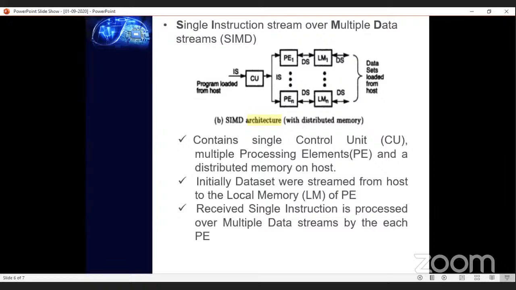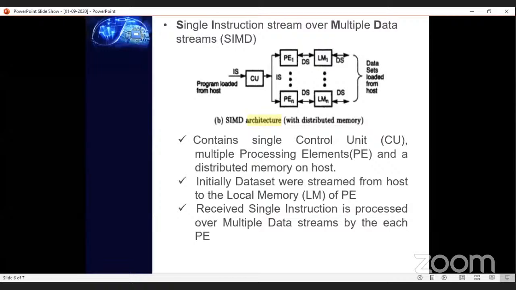Here the distributed memory refers to the whole memory of the computer which implements SIMD. It is nothing but the main memory of the computer which implements SIMD. So apart from the distributed memory on the computer, each processing element has its own local memory. Before starting the process, all the needed data sets are loaded on the local memory of the processing element.